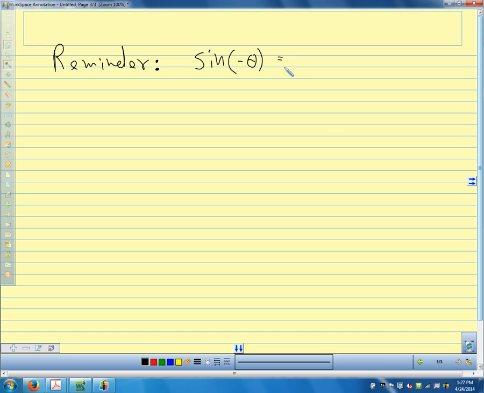Is the sine function even or odd? You remember? Odd. So sine of minus theta equals minus sine theta. That's what an odd function is. How about cosine? Cosine was even. So cosine of minus theta equals cosine theta.